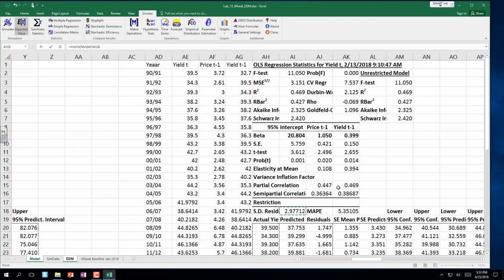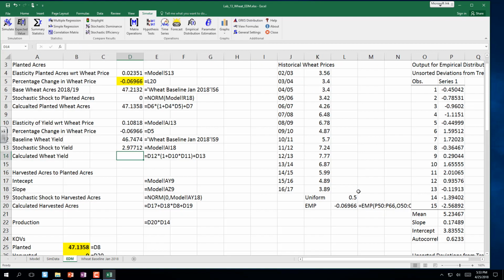So it's saying on average, yield varies by 2.9 bushels per acre. So if we multiply that by 3 for the extreme, it goes from about -3 to about +3. Instead, 3 times that is 9. So that gave me that number.